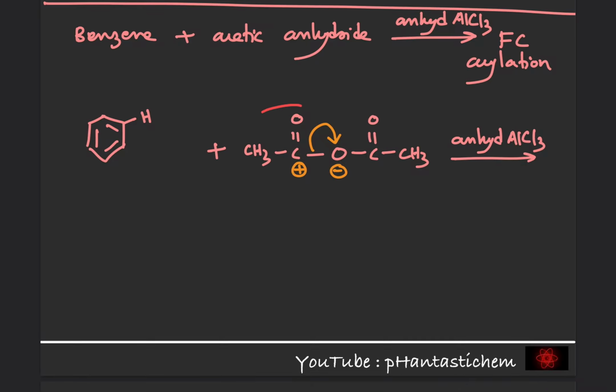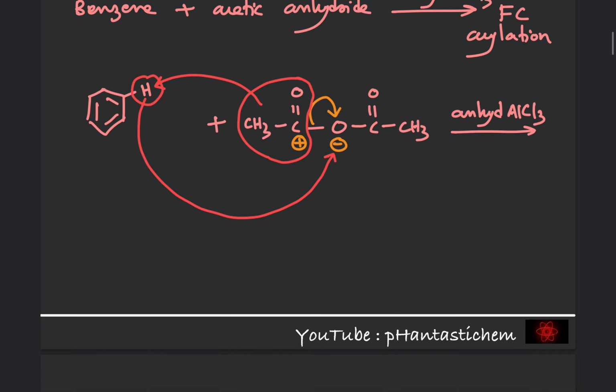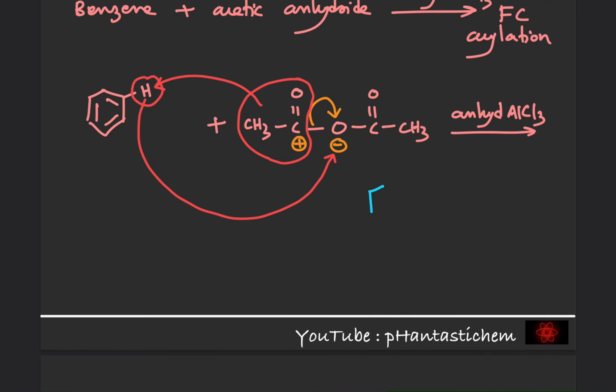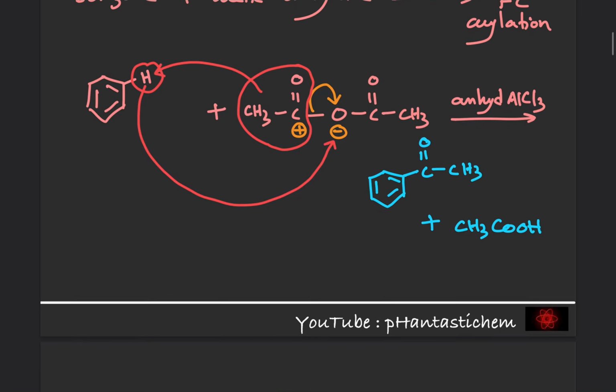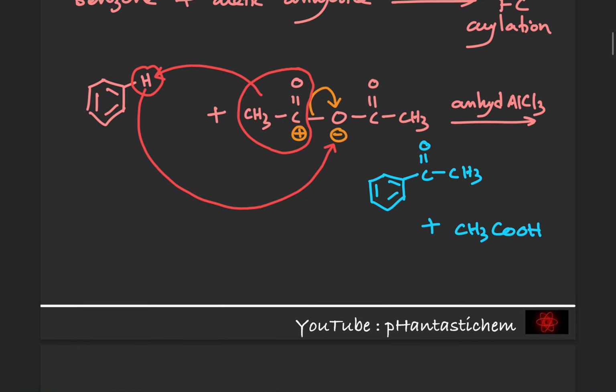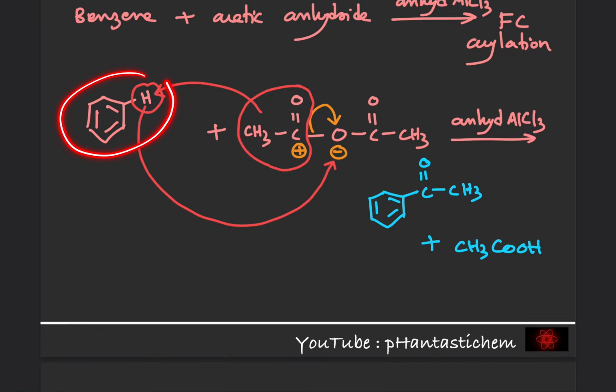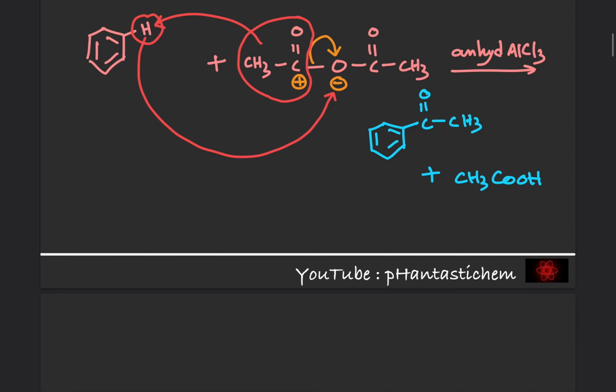Okay, so therefore this whole acyl group will go and replace this H, and this H will be connected to this O to ultimately give us benzene ring C double bond O CH3 plus CH3 C double bond O H. Okay, so this is what we get when we react benzene with acetic anhydride in the presence of anhydrous AlCl3. Okay, so in our question, we are reacting benzene with phthalic anhydride.